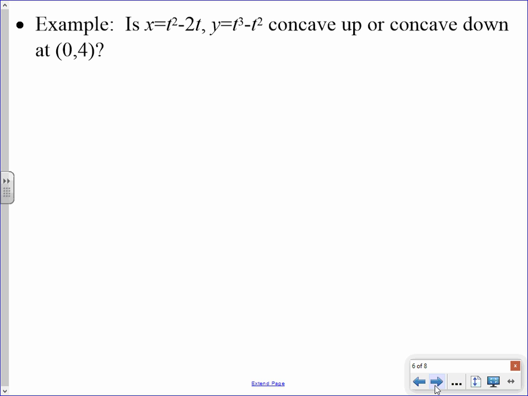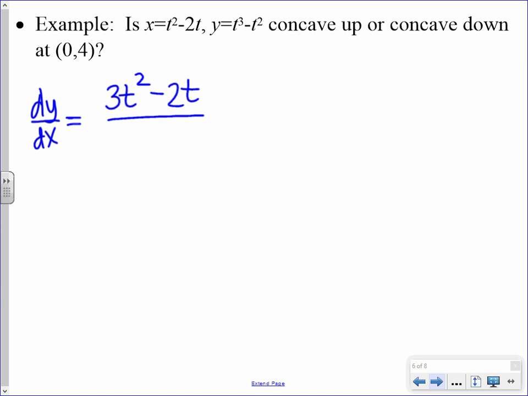Okay, so if we're talking about concavity, we need the second derivative. Let's first find dy/dx. dy/dx is dy/dt over dx/dt. So dy/dt is 3t squared minus 2t. dx/dt is 2t minus 2.